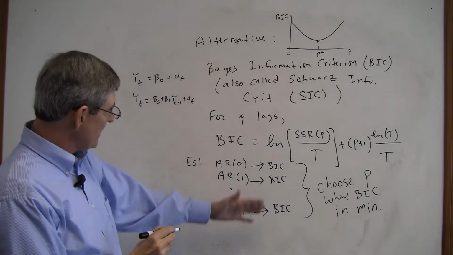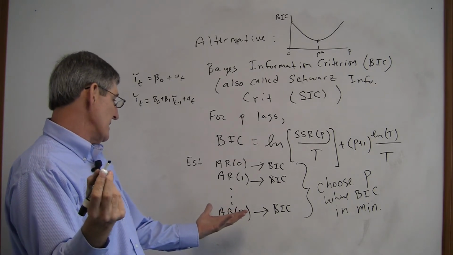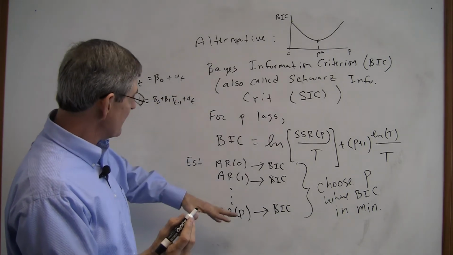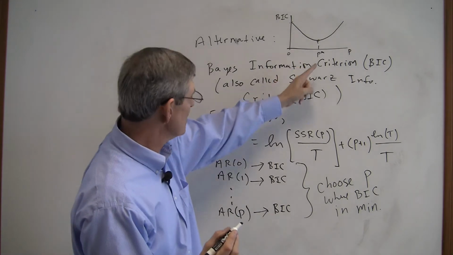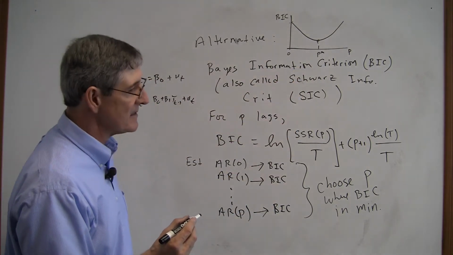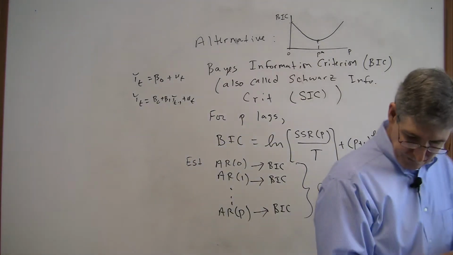So you just calculate these. Like if I said I want to know what the lag length should be, I could do this for 0 through 6. I'd run 6 different regressions, calculate 6 different BICs, and then just choose the lag length associated with the smallest BIC. So it's a fairly simple procedure to do.